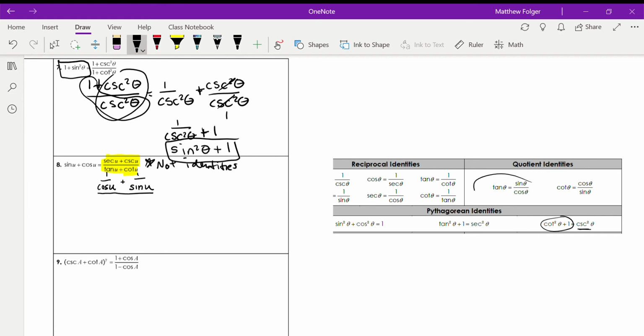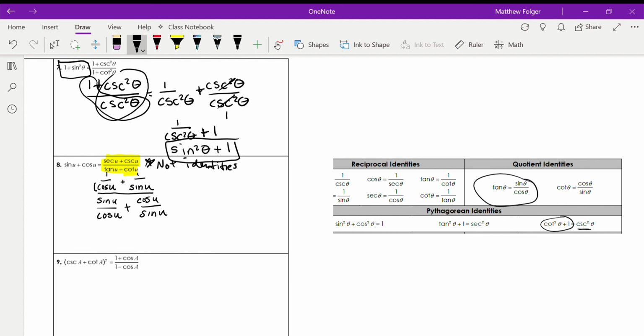Tangent is sine u over cos u. And plus cotangent is cos u over sine u. So now we've got fractions within fractions within fractions. Whenever I have this, we need to make a common denominator for each part. And that common denominator is going to be cos u and sine u.